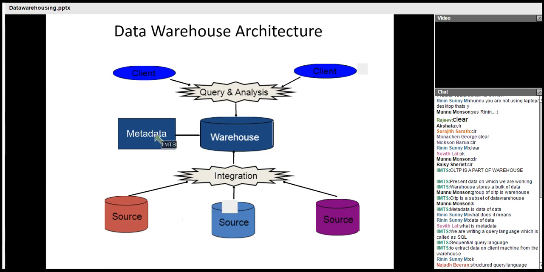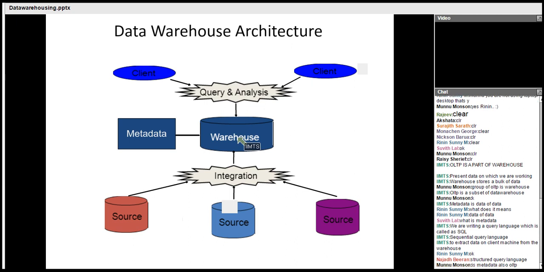Now you are talking about metadata. So metadata is data about data. Suppose I want to keep a backup of my warehouse. Suppose due to some reason my warehouse gets corrupted, the data gets corrupted, or due to some casualty, say some earthquake comes and my warehouse gets demolished. So no, metadata is not OLTP. Metadata is the data about data. Now I want the backup of my data warehouse.